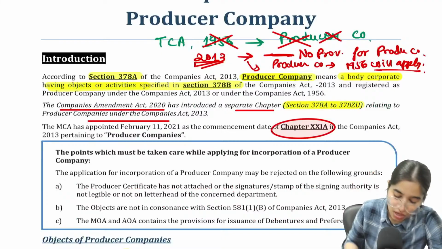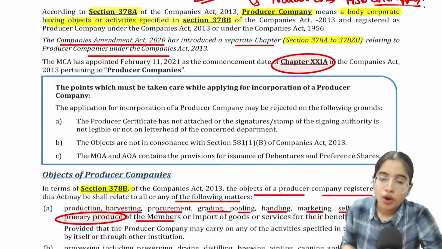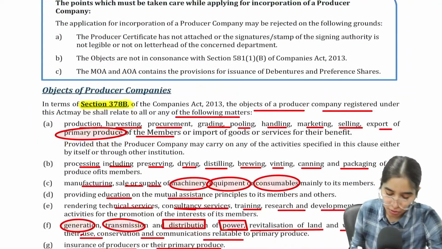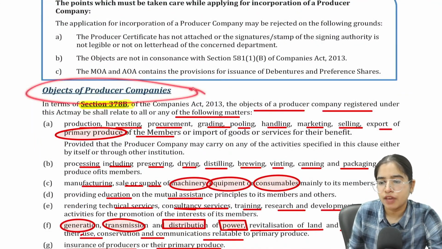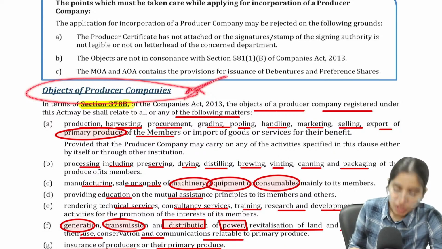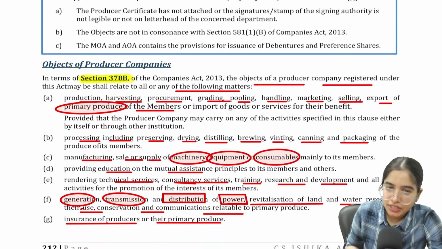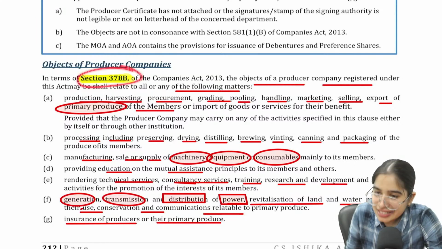Now the question is, what are the objects for forming a producer company? From this a 4-mark question can be asked: objects of a producer company, which are given in 378B.